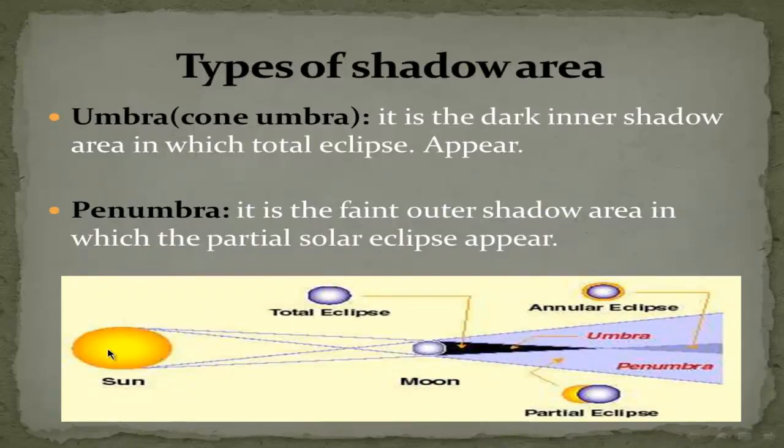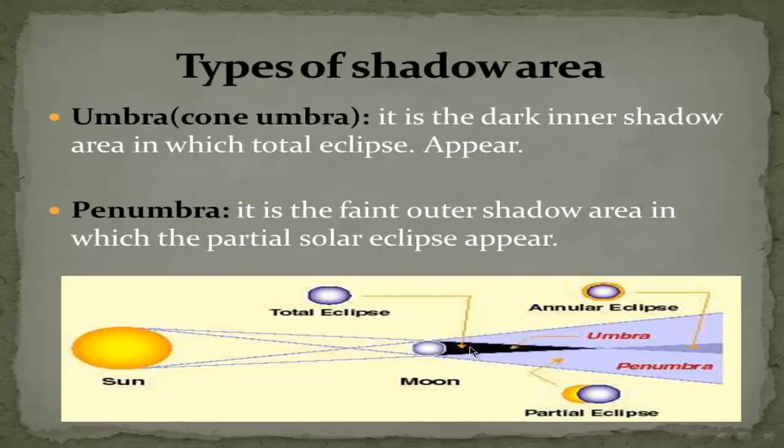As we said, solar eclipse is an astronomical phenomenon when the Moon lies between Sun and Earth, nearly on a straight line. In this case, the Moon will hide the sunlight and form its shadow on Earth. It forms two types of shadow, umbra and penumbra.